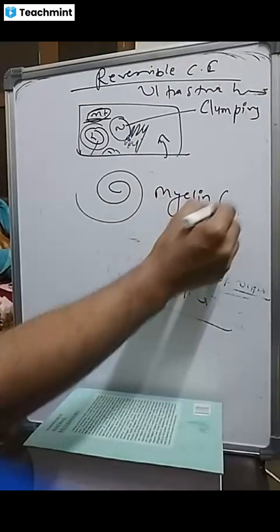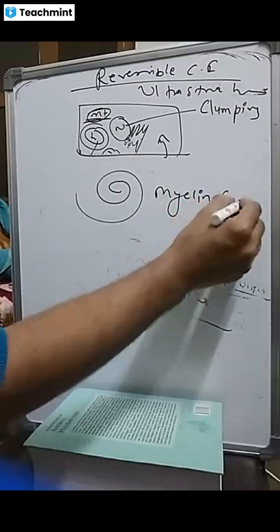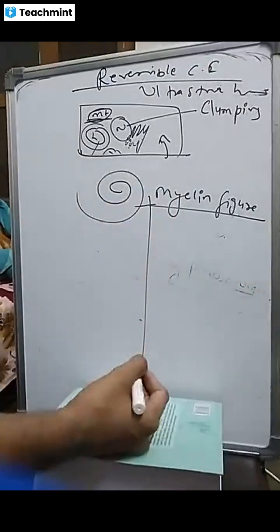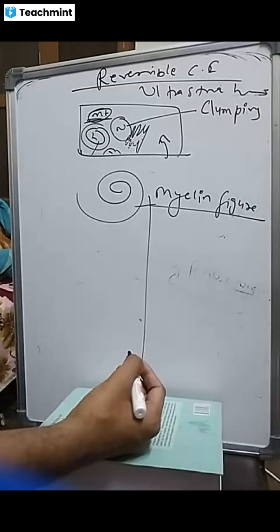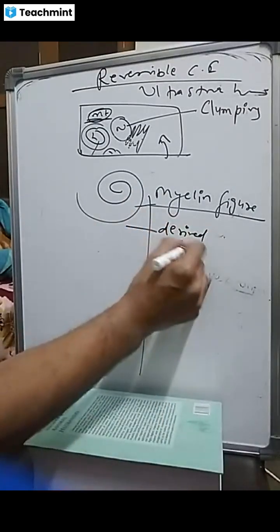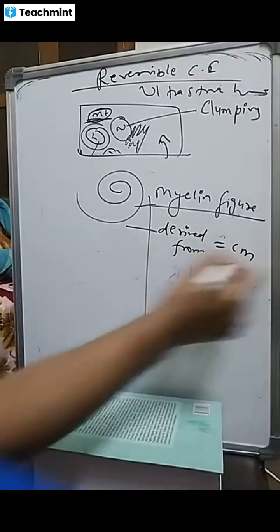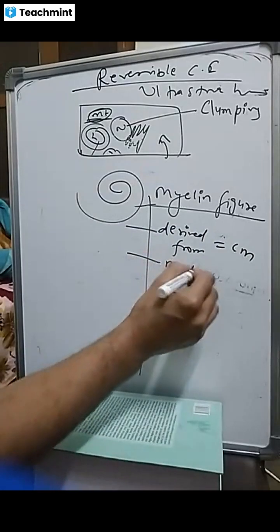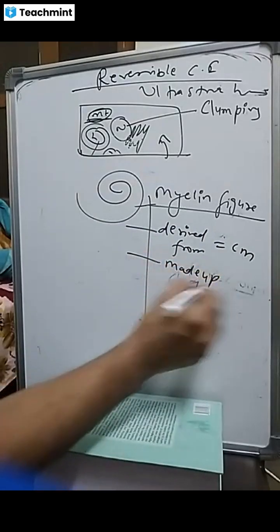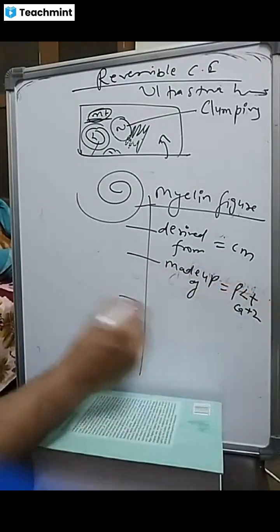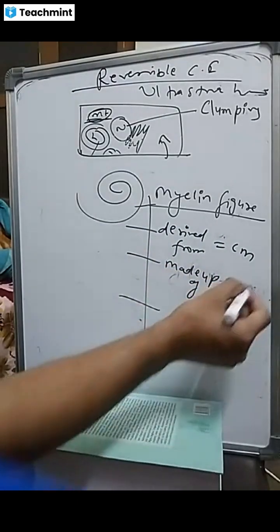called myelin figure. About myelin figures, number one, they are derived from the cell membrane. They are made up of calcium, mainly.